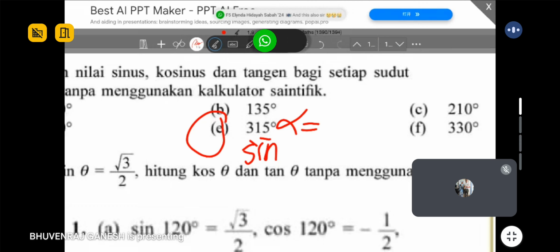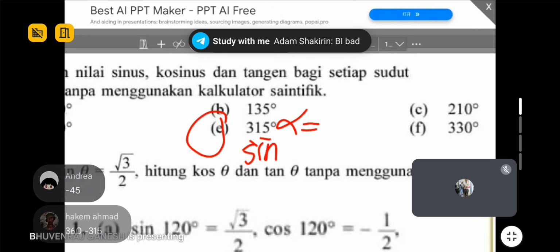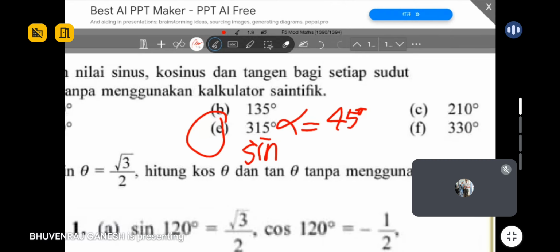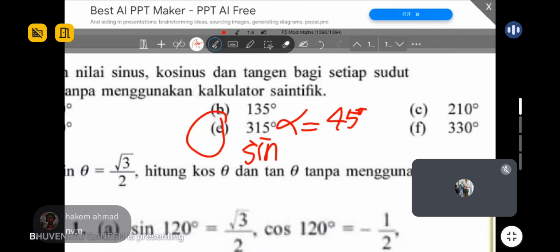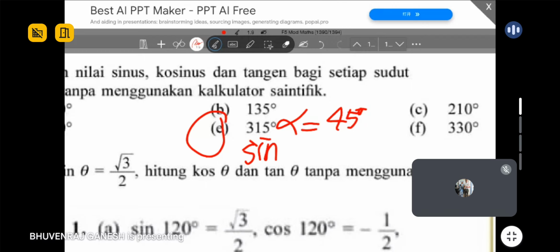Sudut rujukan. Very good. Sudut rujukan 45. So guys, whenever you see 45, it means that this is a special angle, sudut yang unik. Always remember this. Okay, so positive or negative untuk sine 315?